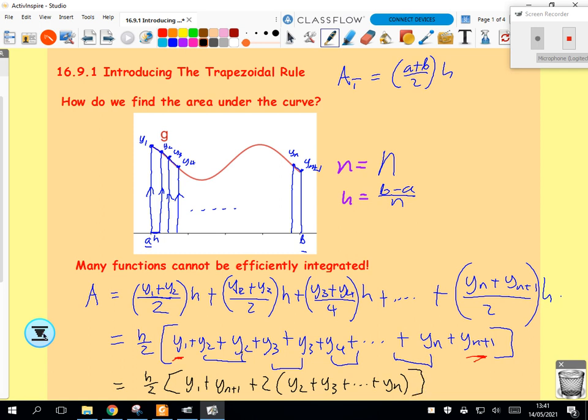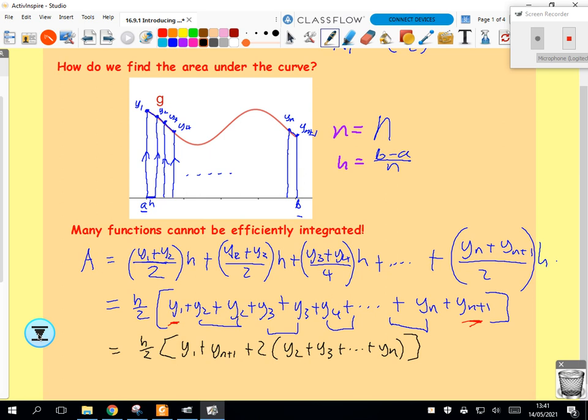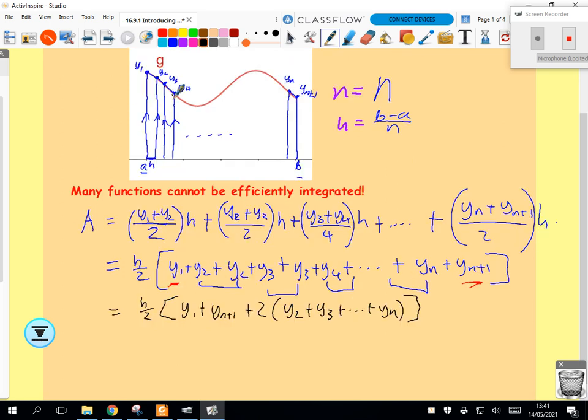Okay, and if I want to think of that in relation to my function, remember my function is called g, so y equals g of x. And the height we said was b minus a over n. Well, if I divide that by 2, I get b minus a over 2n. The height of the first offset would be g of a.